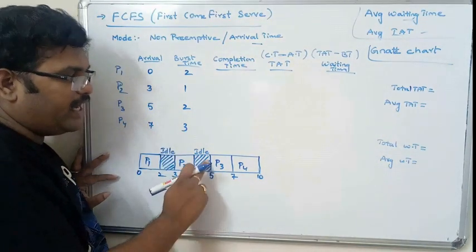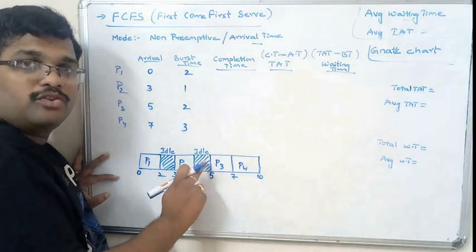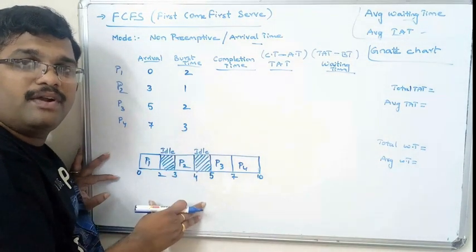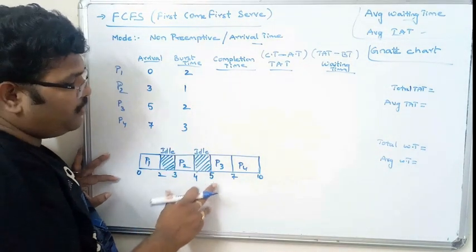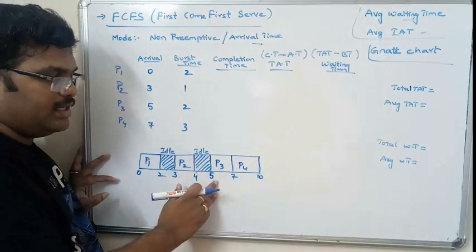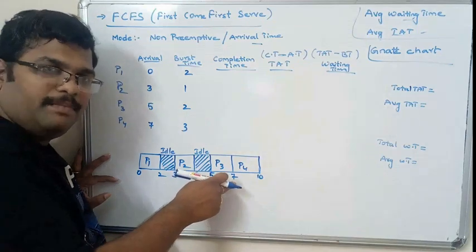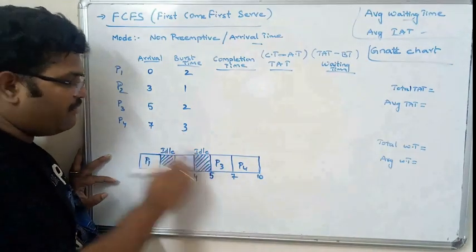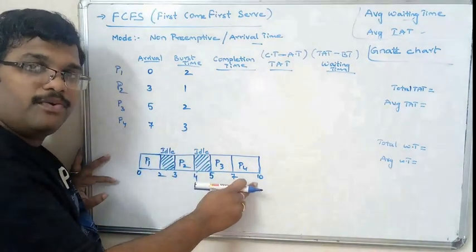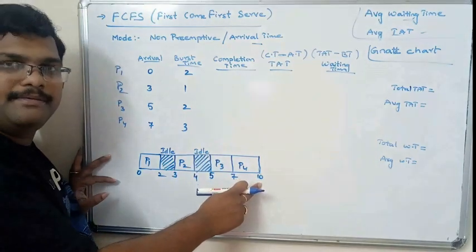So from 4 to 5, again the CPU is in idle state. No process is ready for execution. So at 5, P3 is allotted to the CPU, and the CPU executes P3 till 7 milliseconds. At the time of 7, P4 arrives, so P4 executes till 10.